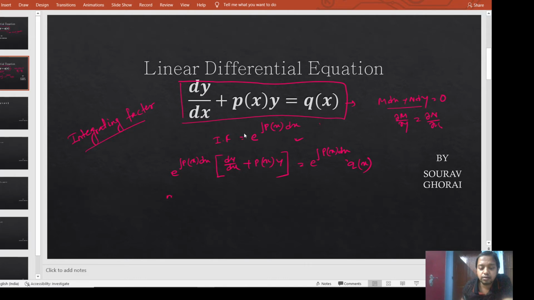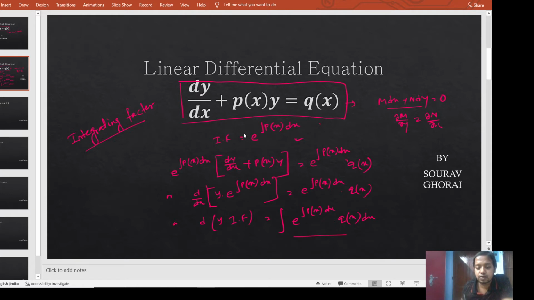In the left hand side we will get d/dx of y times the integrating factor e^(∫p(x)dx) equal to e^(∫p(x)dx) q(x), and then d of y times the integrating factor is equal to the integration of e^(∫p(x)dx) q(x) dx.